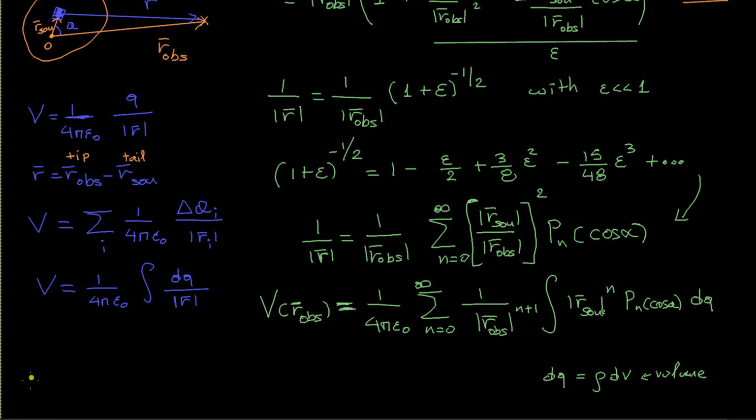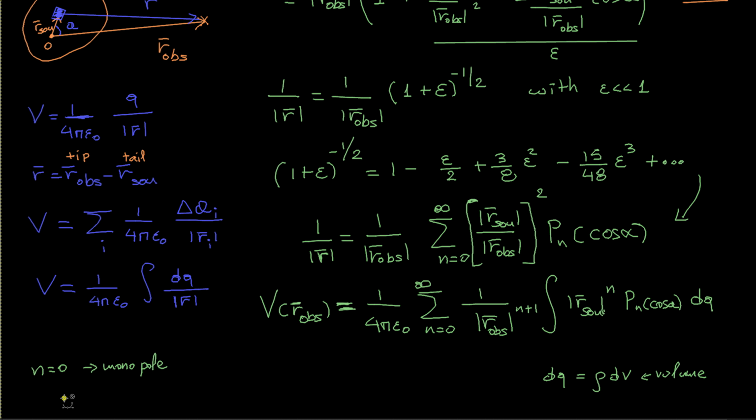Now, it is an infinite sum. The first term, n equals 0, is what we call the monopole. If your charge distribution overall has a charge, meaning it's not neutral, then you will have a non-zero monopole term.